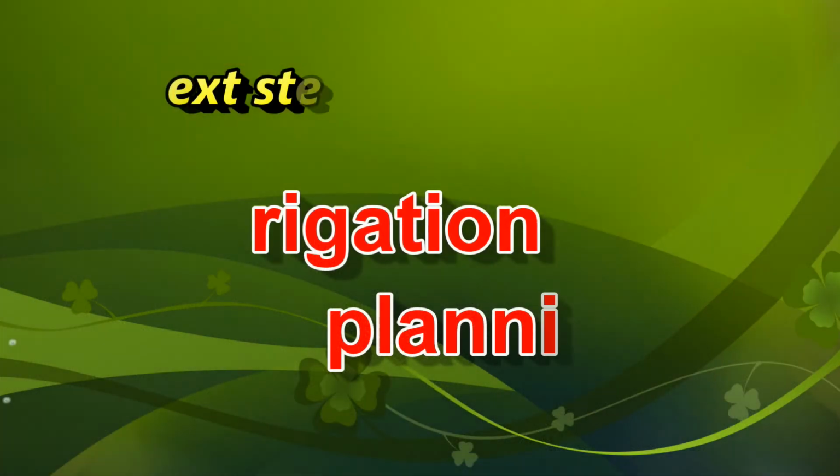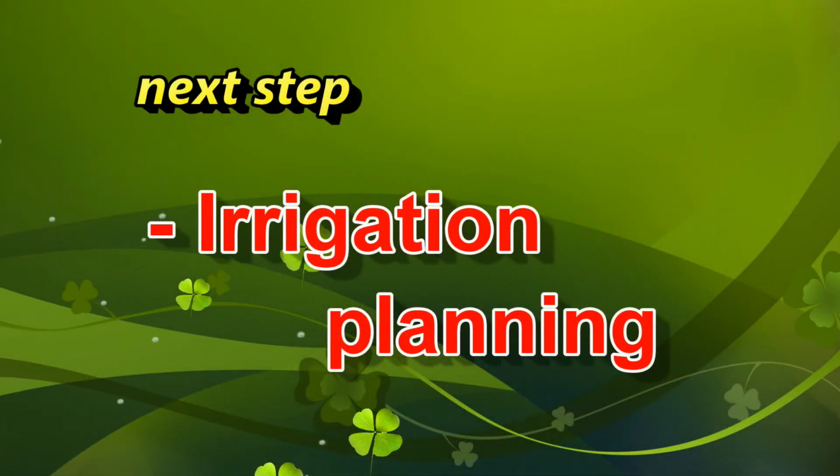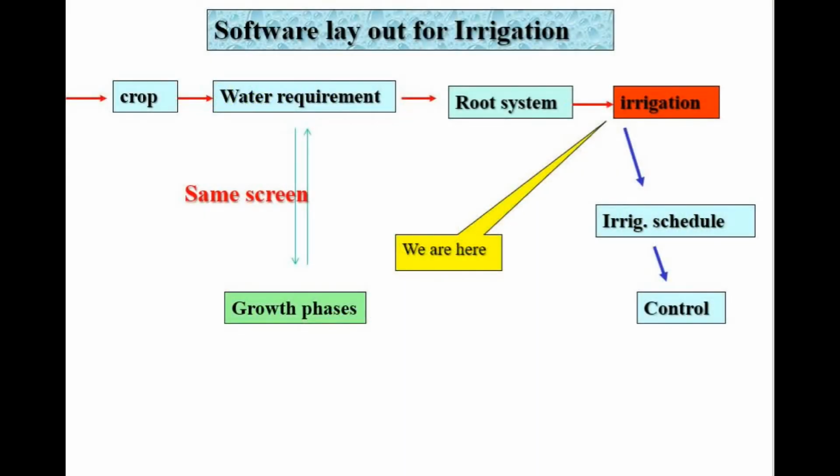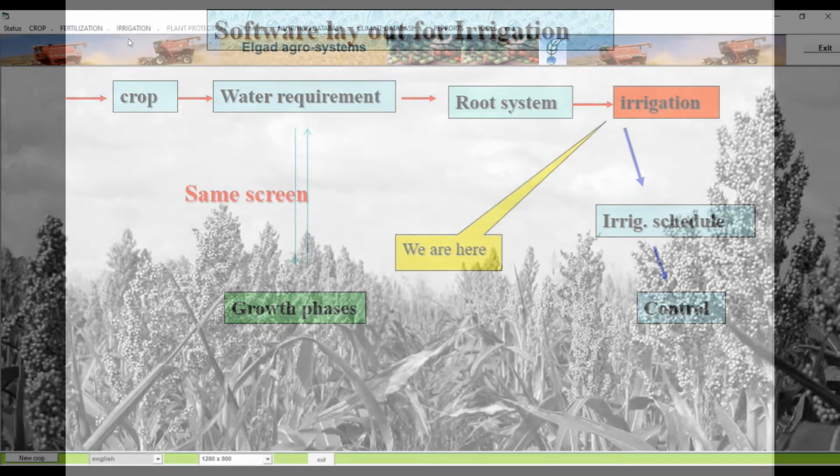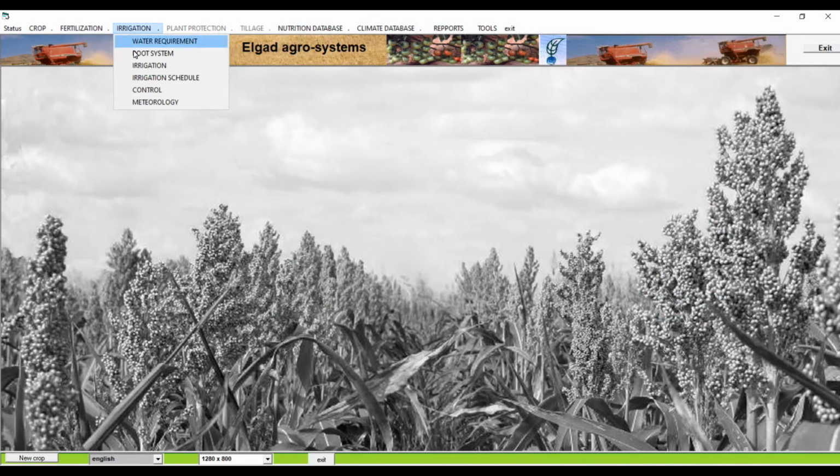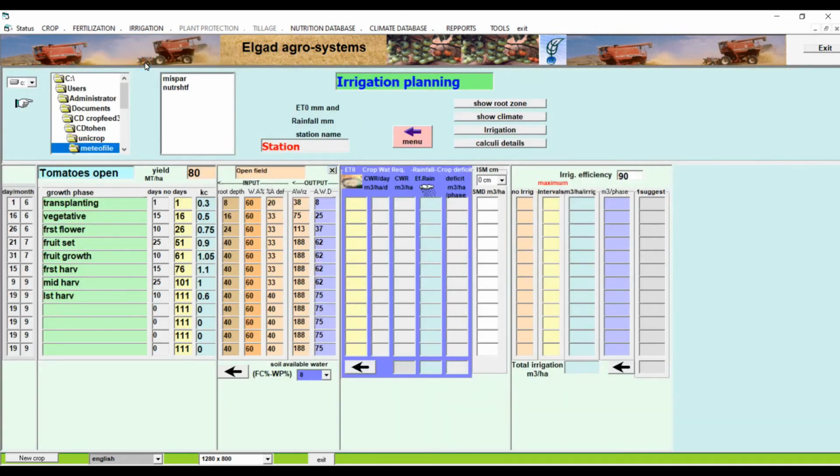Now I have to move to irrigation planning. Okay, now we enter the screen. So we want to take this crop that we decided previously to grow in Kenya.